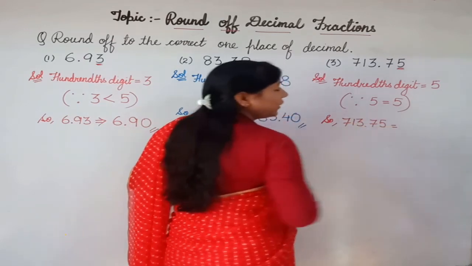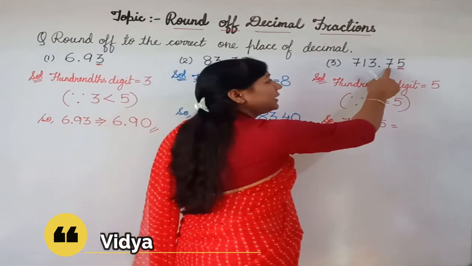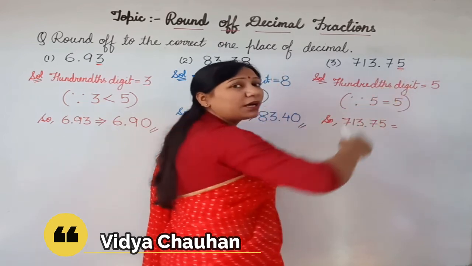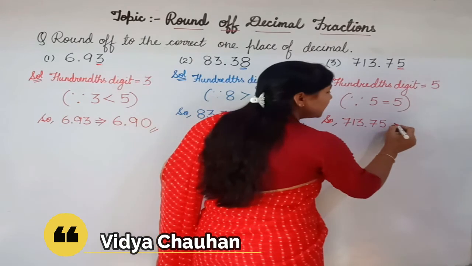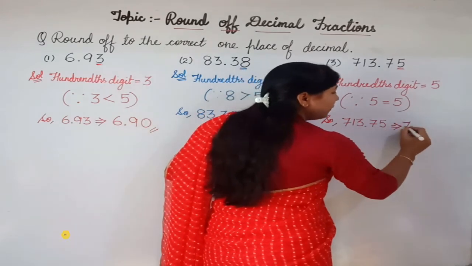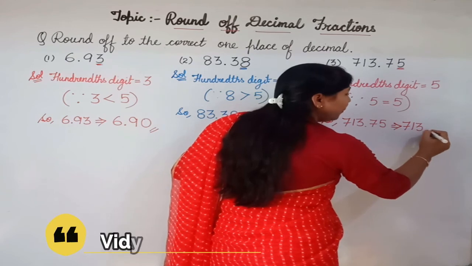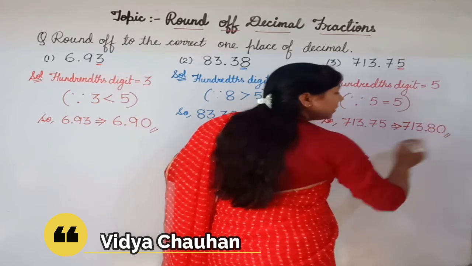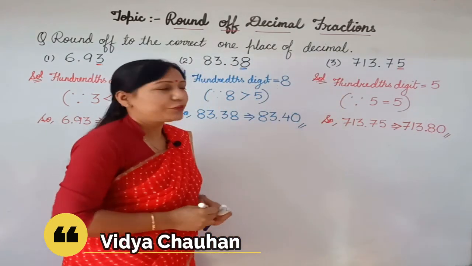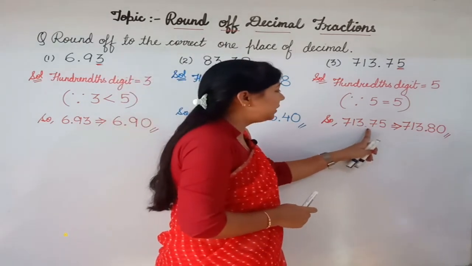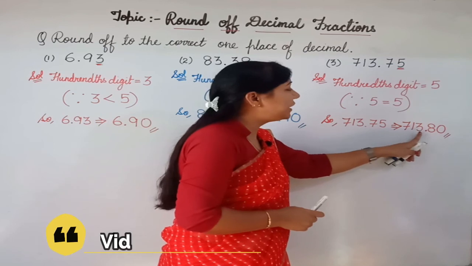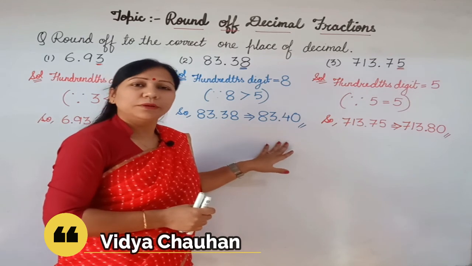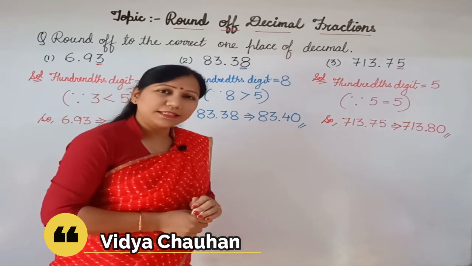The digit at the 10th place will increase by 1, and the digit at the 100th place will become 0. So the round off for 713.75 will be 713 point, increase 7 by 1 so it becomes 8, and the 5 becomes 0. So the round off for 713.75 is 713.80. I hope with this the rounding off to the correct one place value is clear to all of you.